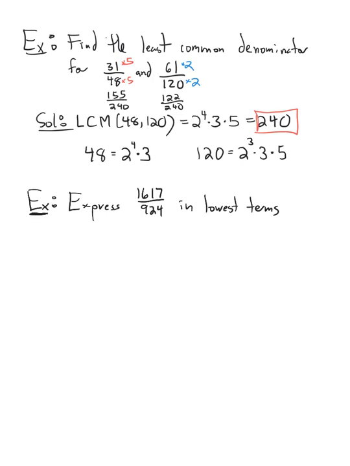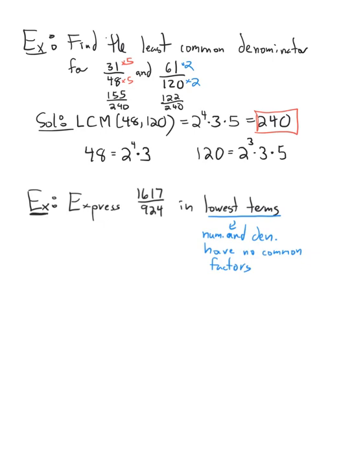Lowest terms means that the numerator and denominator have no common factors. So any common factors that the original numerator and denominator have, we're going to divide out by them.